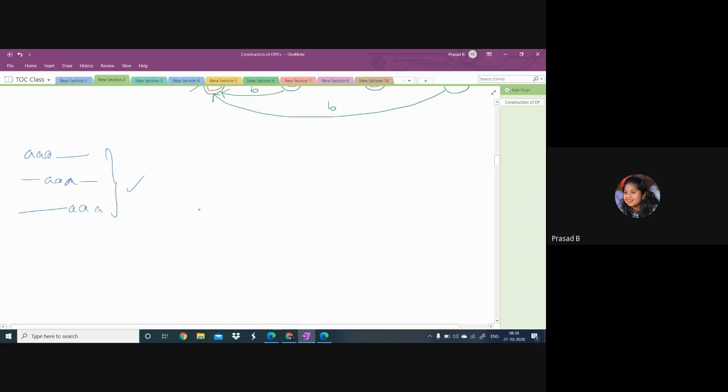So accept AAA first: 1, 2, 3. As the smallest string is AAA, from initial we go to final on three A's. This is the first A, the second A, and the third A. Now tell me, is this string valid or invalid?